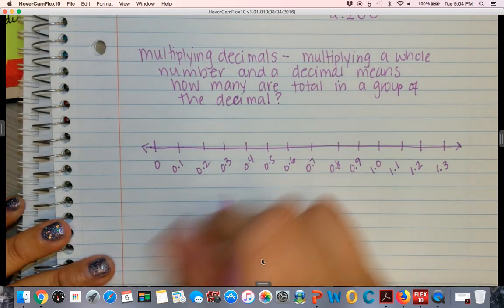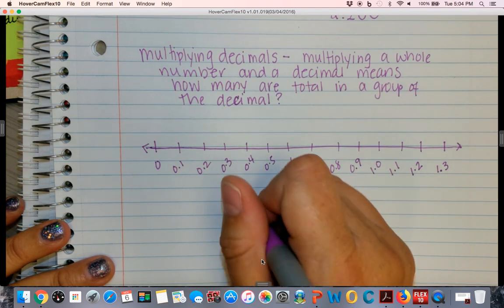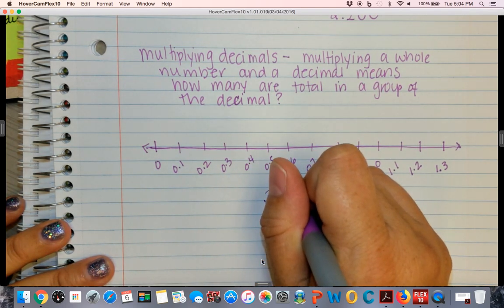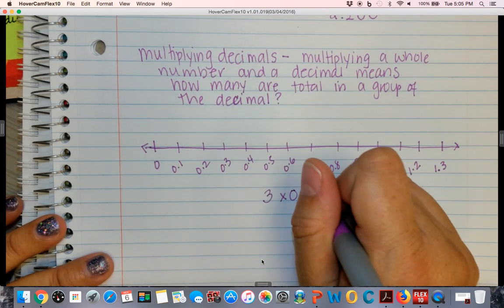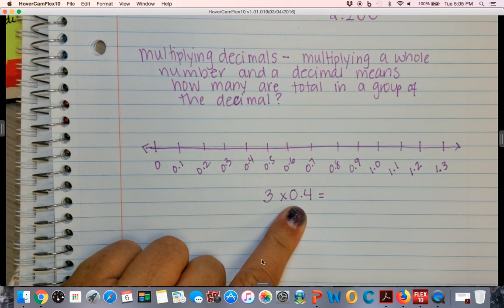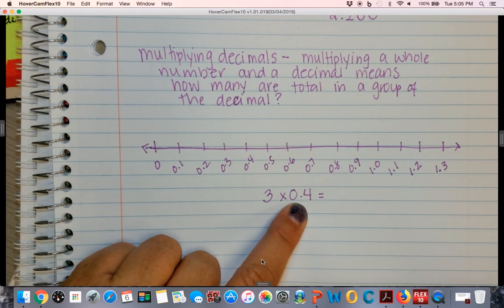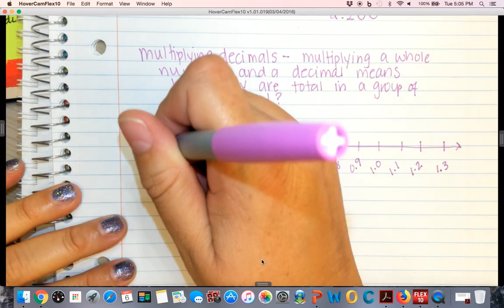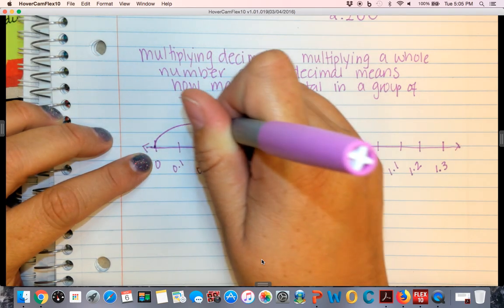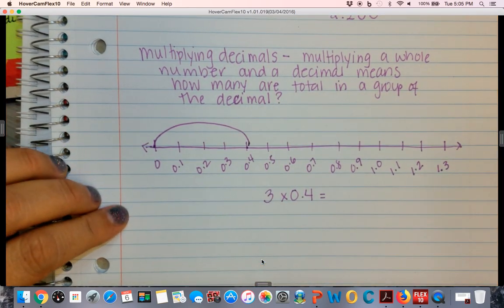And here's the problem that I'm going to illustrate for you. 3 times 4/10. How many is total when I have 3 groups of 4/10? So if I go from 0 to 4/10, that's my first group.